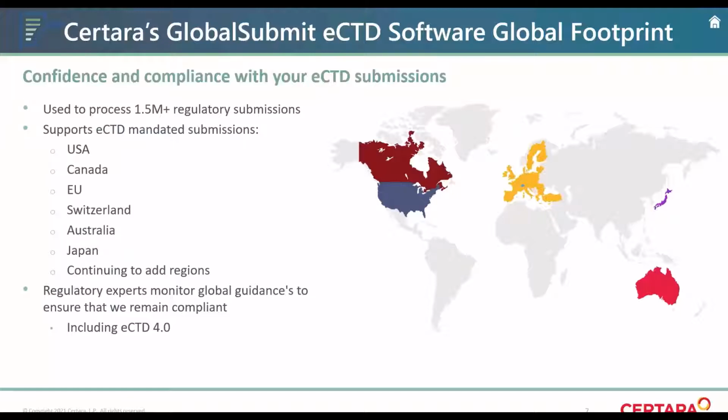We are continuing to add new regions as they become available. We are working with some other regions that will soon become available. And we have regulatory experts that are constantly monitoring the global guidances to ensure that we remain compliant with upcoming changes to each region, as well as the new standards such as eCTD 4.0.